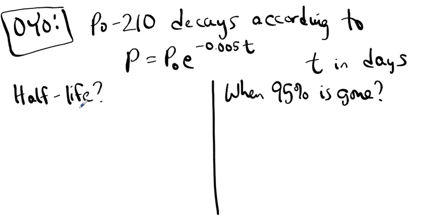The half-life is the time when half of this is left, and then figuring out when 95% is gone, well, that's easy too, if you make this a nice number like 100. It doesn't change how you do the problem. This is a calculator active question, and it should take you about 4 minutes. Okay? Okay.